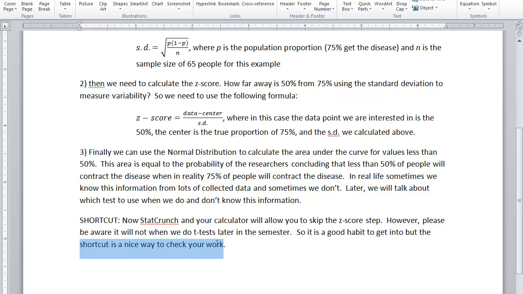But the shortcut is a nice way to check your work. If you're feeling comfortable doing the process after a few homework problems, use the shortcut. I don't have any problem with that. Just be aware that the reason I'm teaching you this way is so that you form a good habit for later on in the semester. Okay, does that make sense, I hope?